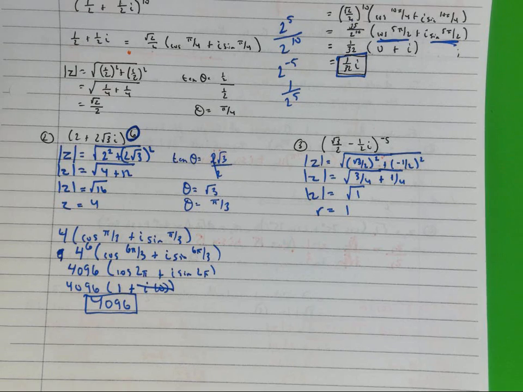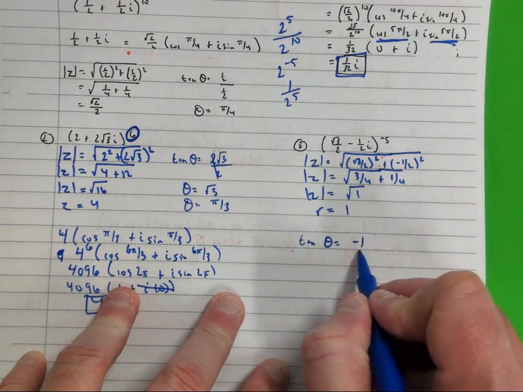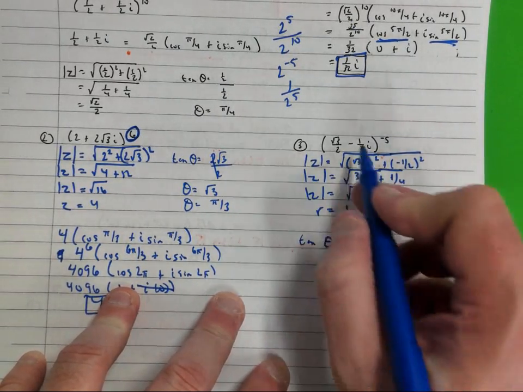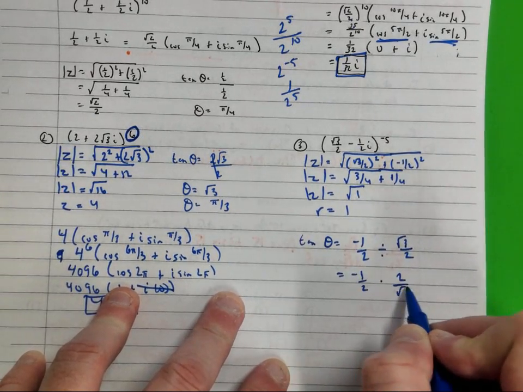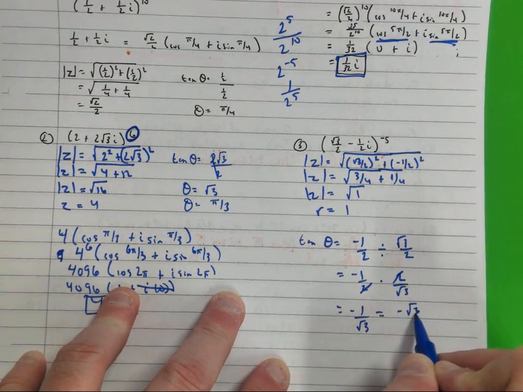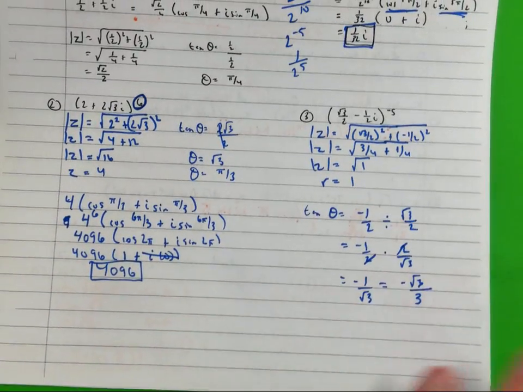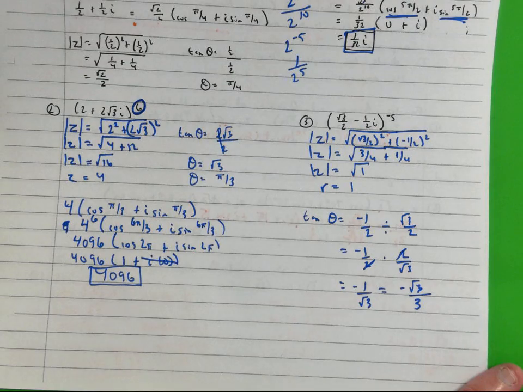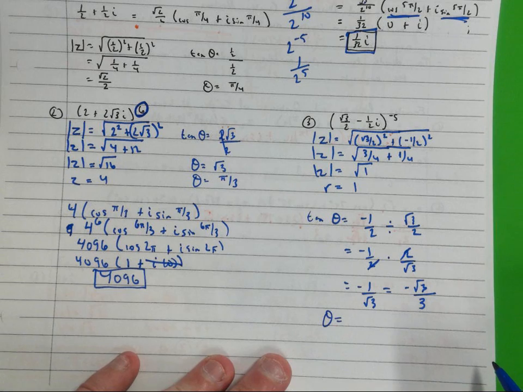Does everybody understand that? Okay, now, let's find our tangent. Now, this one's kind of complicated, so I'm going to write tangent theta. I'm going to say negative 1/2, and I write it the horizontal way because I got to see what's going on here. I'm left with negative 1 over square root of 3. By now, you know it's going to be negative square root of 3 over 3. We think, okay, what reference angle gives us a square root of 3 over 3 in the tangent? Is it pi over 3 or pi over 6?